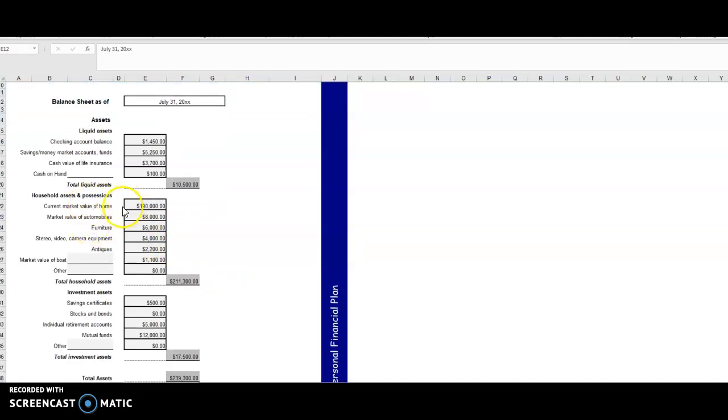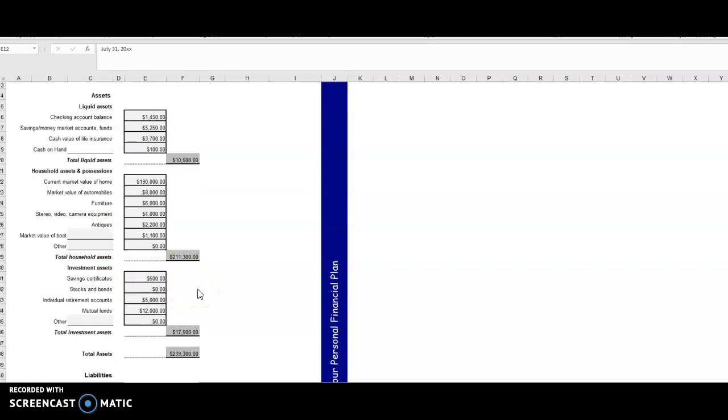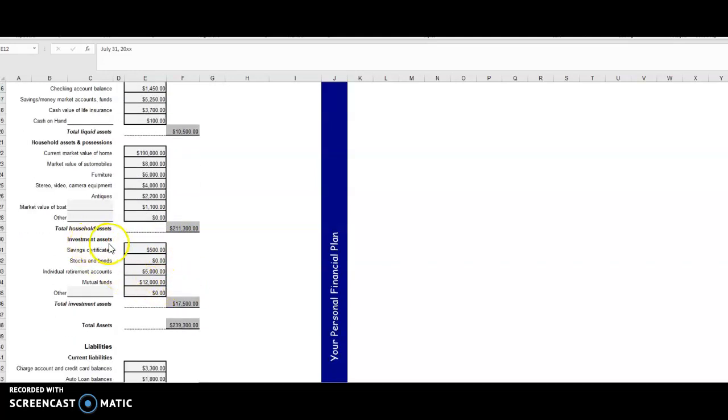Household assets and possessions: you can see current market value of home, market value of the automobiles that we own, our furniture. Maybe we have some stereo, video and camera equipment that's worth $4,000. We have some antiques. We have a boat that has an $1,100 value. And so our total household assets would be $211,300.